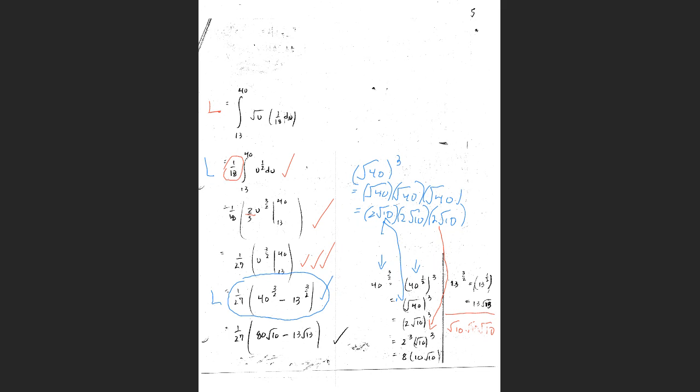Okay, so this is root 10 times root 10 times root 10. But root 10 times root 10 is root 100. And that's just 10. So you get 10 root 10. And so hence you get 8 times 10 root 10, that's 80 root 10.